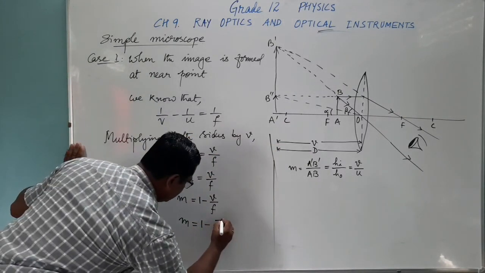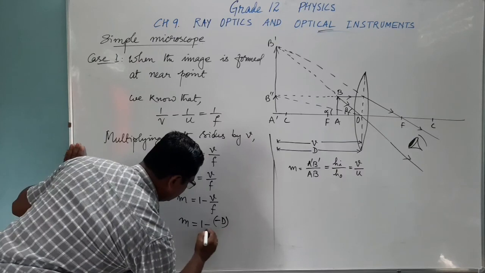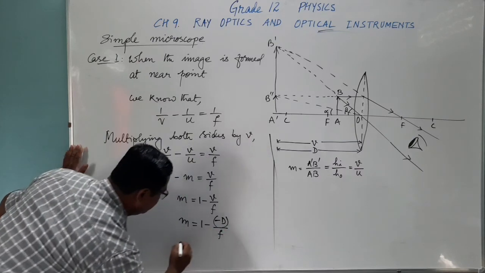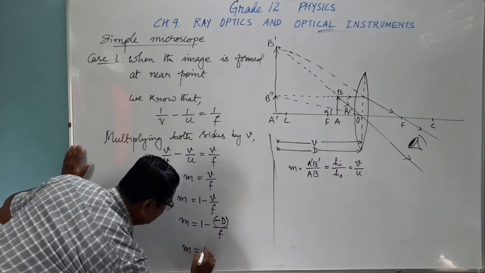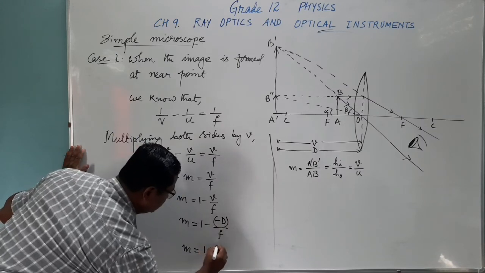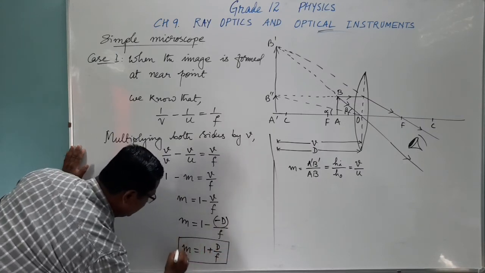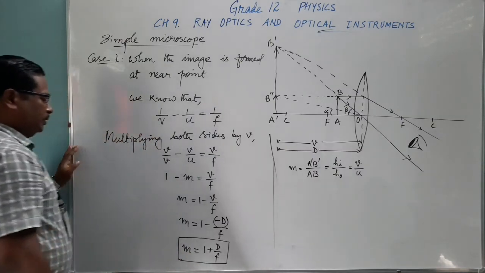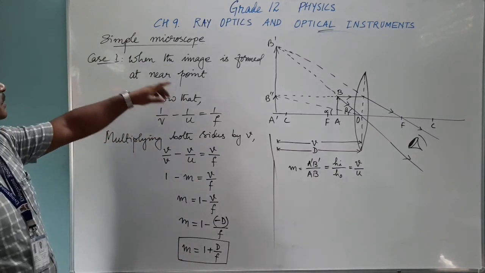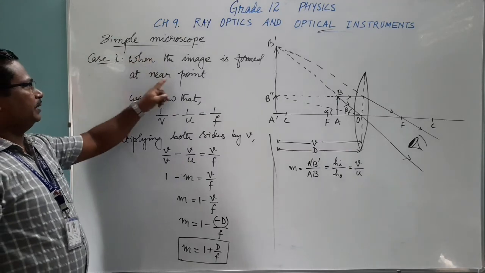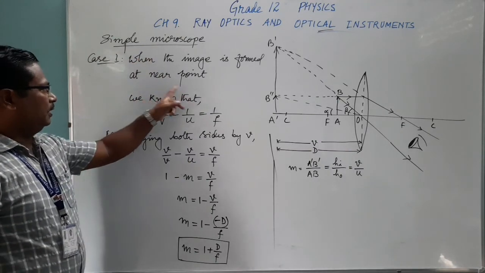So it will be minus D divided by F. So M is equal to 1 plus D by F. This is the magnification produced by a magnifying glass or simple microscope when the image is formed at near point.